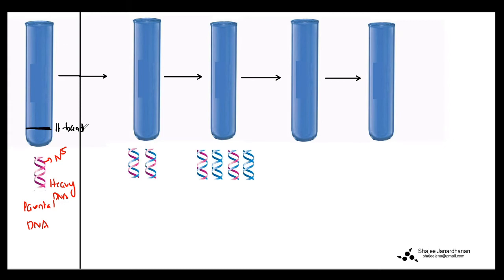So I think you have understood why you got a single band at the bottom of the tube, because the DNA was denser. The top of the tube was lighter. So the DNA added onto the top of the tube will gradually settle until it sediments onto a layer where its density is equal to the density of the column.